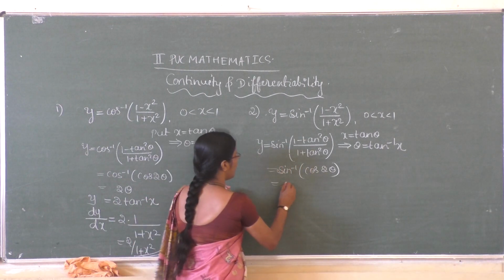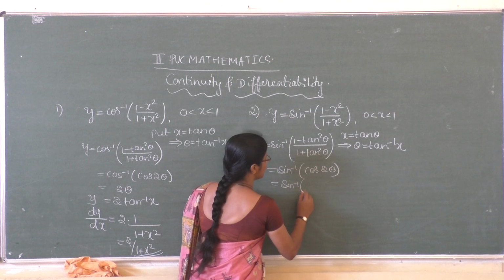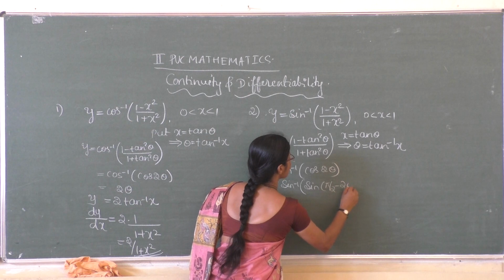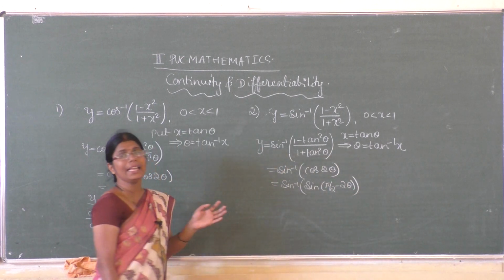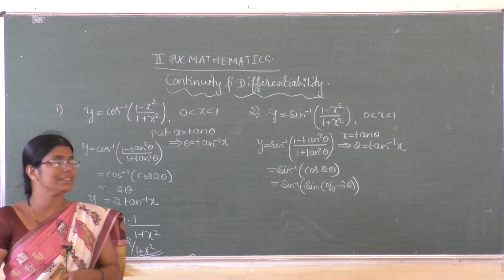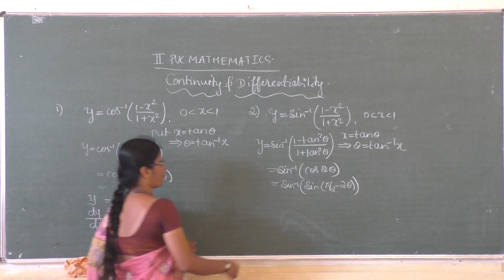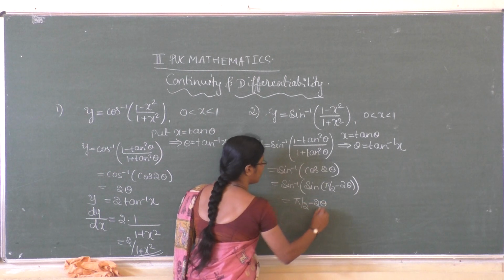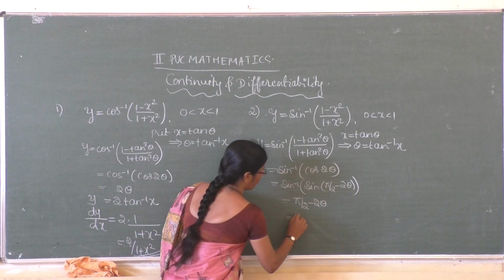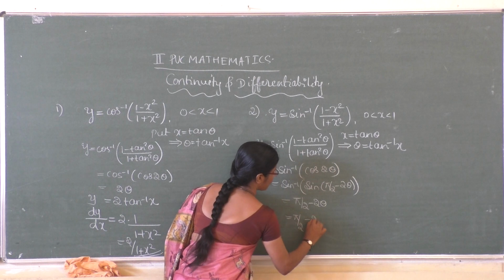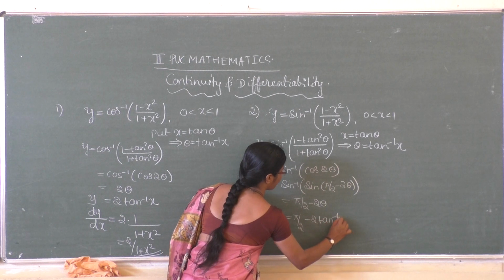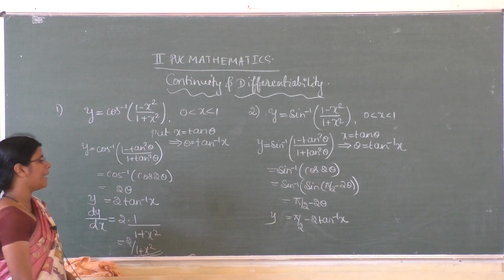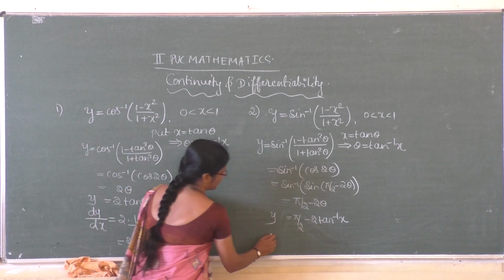Applying the definition of inverse trigonometric function, you get pi by 2 minus 2 theta. So reverse substitution: y equal to pi by 2 minus 2 tan inverse x.